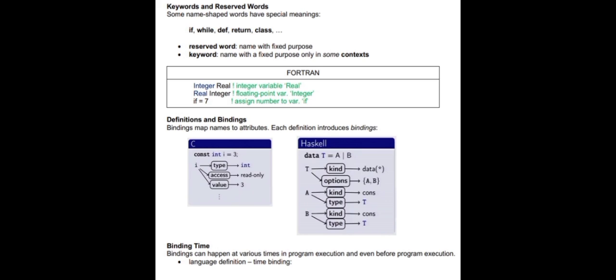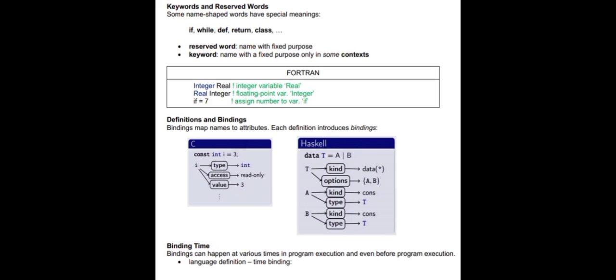In the next table, the Haskell table, data T = A | B. So T can be kind or option. Kind is type constructor, and T has options A or B. A is a kind of constructor of type T. B is also a kind of constructor of type T.